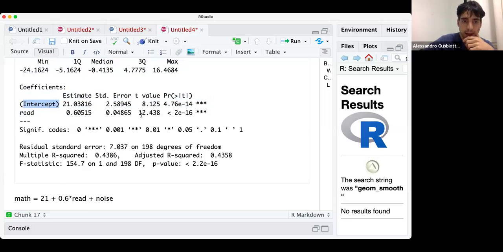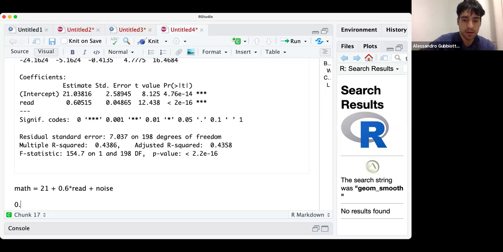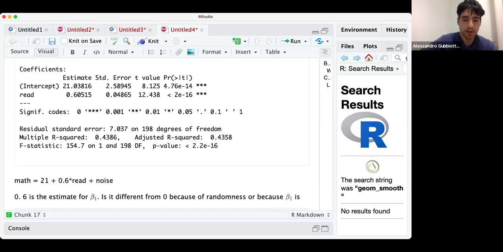This test tells us something. We have estimated our beta 1, and 0.6 is the estimate for beta 1. Is it different from 0 because of randomness, or because beta 1 is really different from 0?